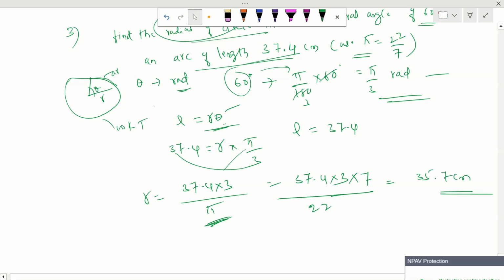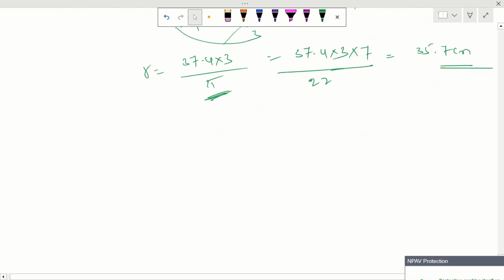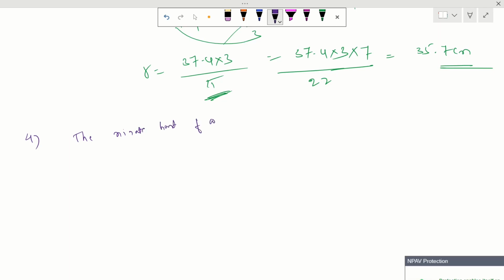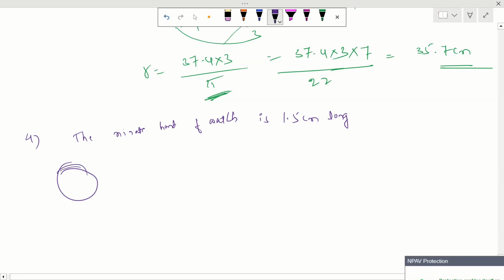Now come to the fourth example. The minute hand of a watch is 1.5 centimeters long. A watch has three hands: the minute hand, the second hand, and the hour hand.